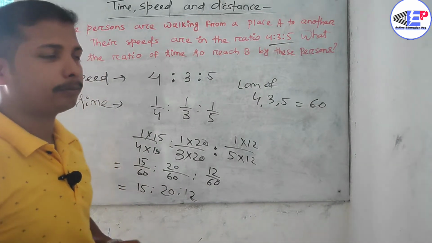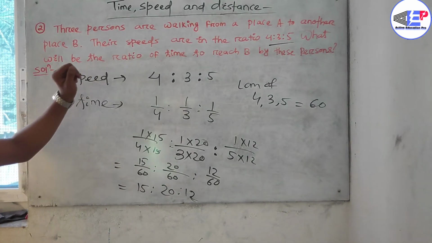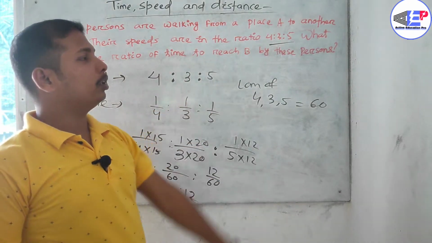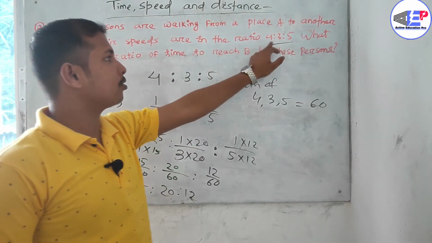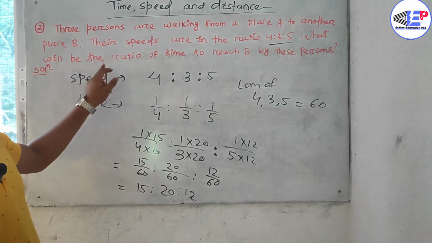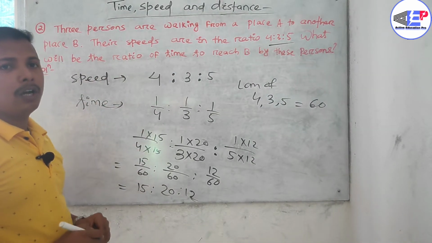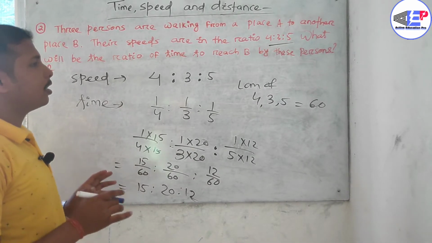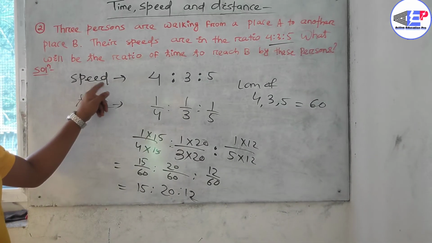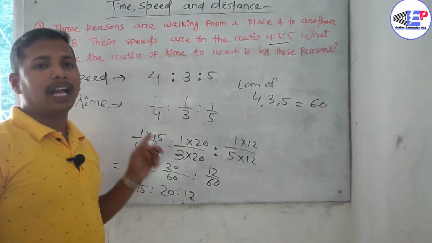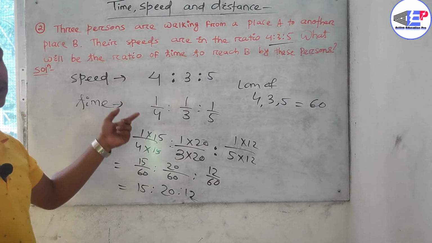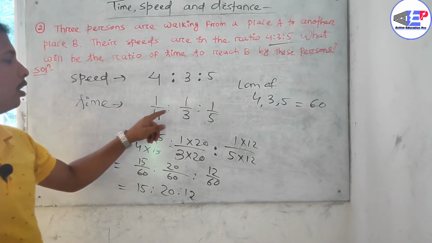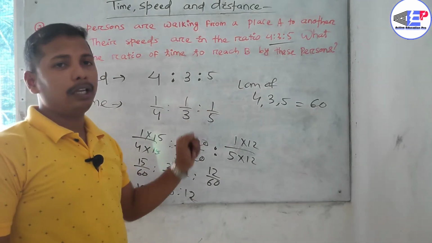Now I am repeating. Here the question is that 3 persons are traveling from a place A to place B with the ratio of their speeds 4 is to 3 is to 5. We have to find out the ratio of the time. We know that when 3 persons are traveling the same fixed distance with a speed ratio of 4 is to 3 is to 5, the time ratio will be the inverse of their speeds, that is 1 by 4 is to 1 by 3 is to 1 by 5.